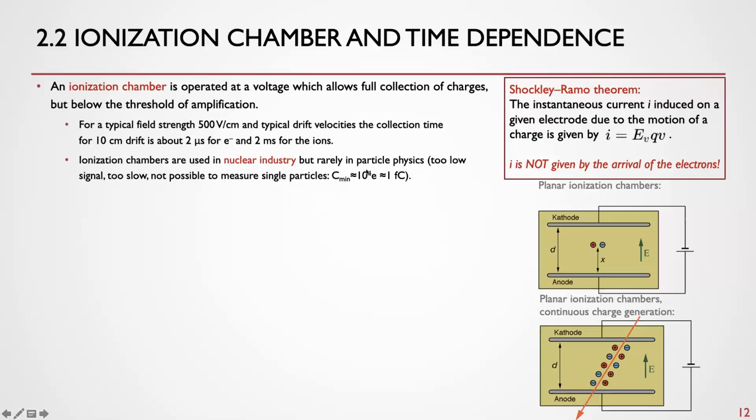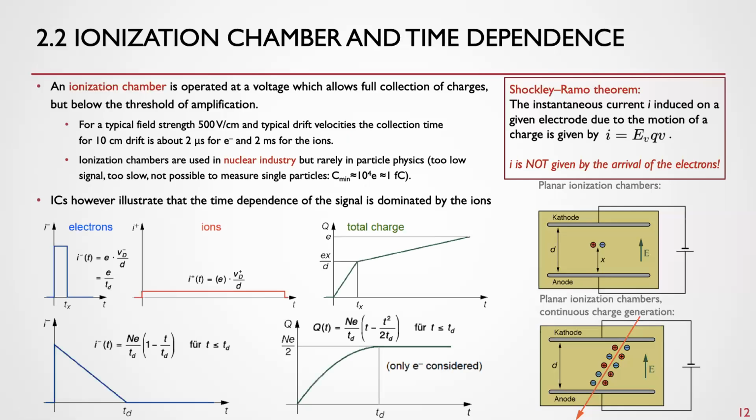So we need something like 10,000 or so electrons, and hence usually we need some sort of amplification. 10,000 electrons created by primary ionization would just be a very large detector. Still, the ionization chambers are important to understand the signal formation, and that's what we are doing now.